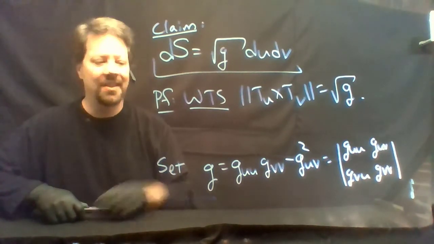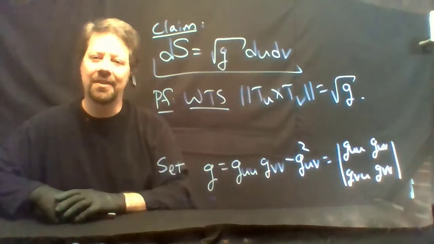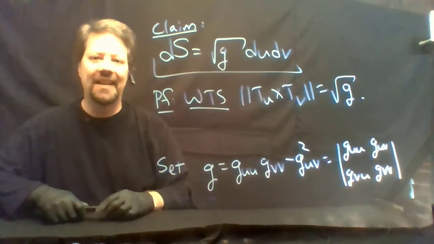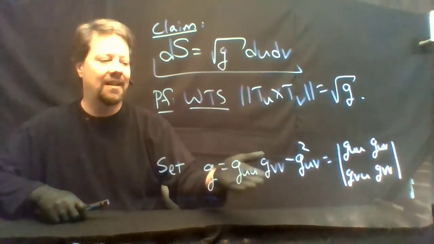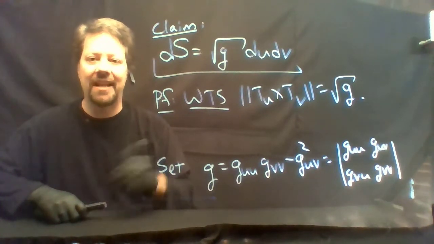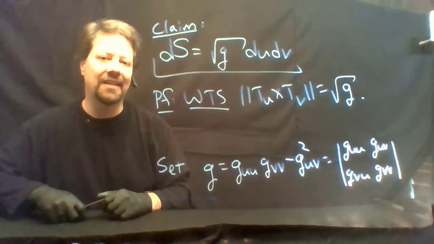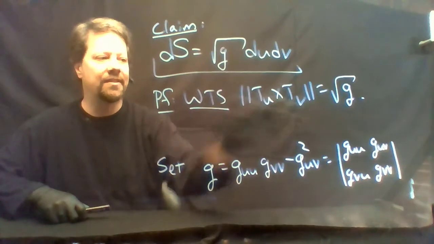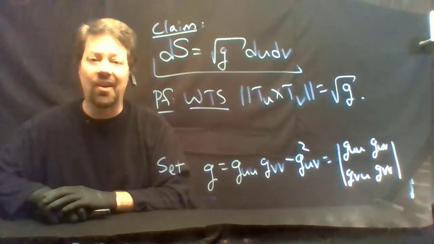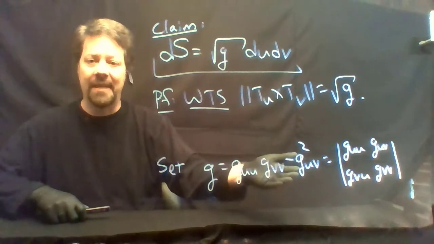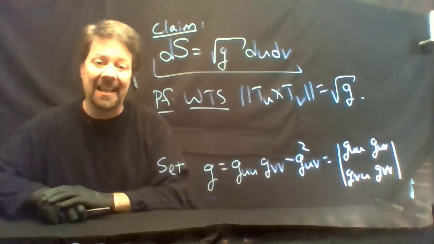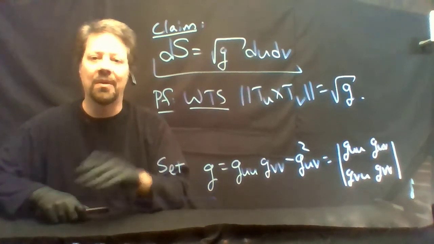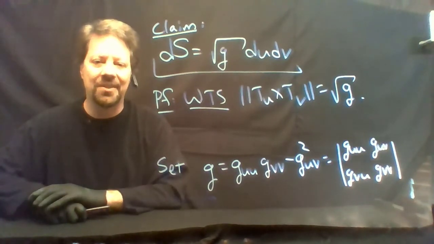There are some advantages to using the square root of g for your surface element. One is that g is intrinsic. You can calculate it only using dot products of tangent vectors. You don't have to have anything poking out of the surface to be able to calculate it. Also, using a cross product requires that the vectors Tu and Tv be in R3. The other method allows the vectors to be in any dimensional space. So you don't have to be constrained to R3. You could be in R2 or R4 or R10, whatever dimensions you want to work in.